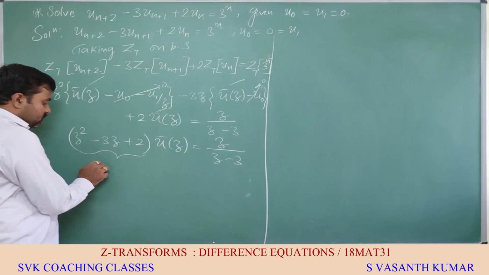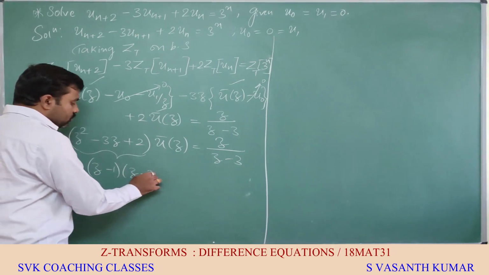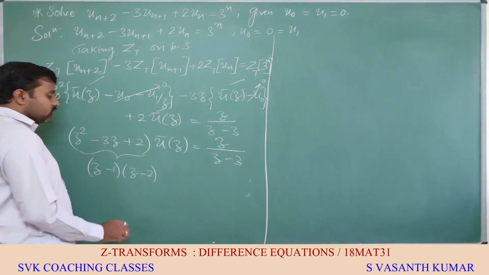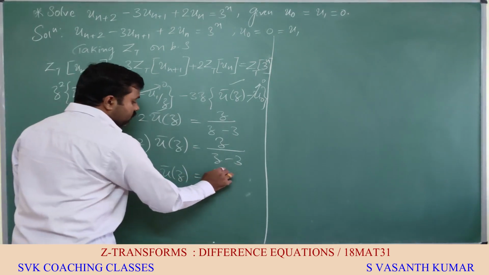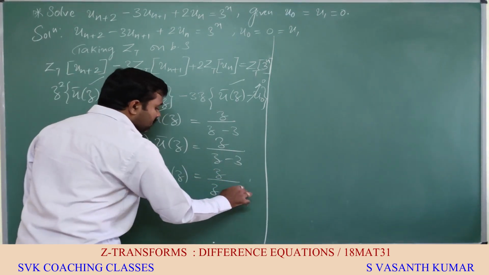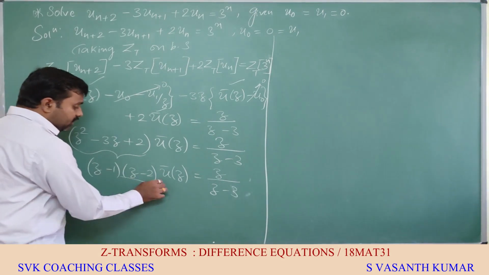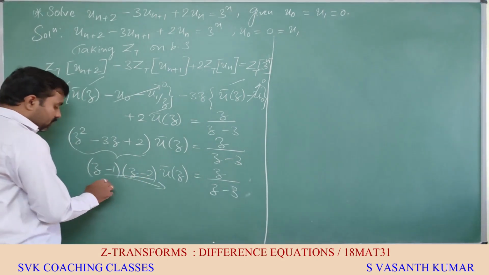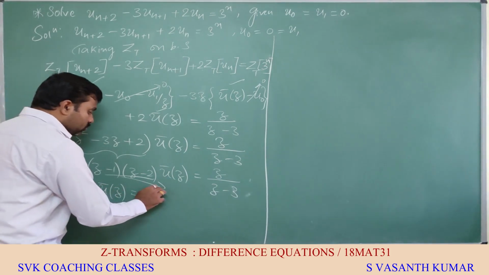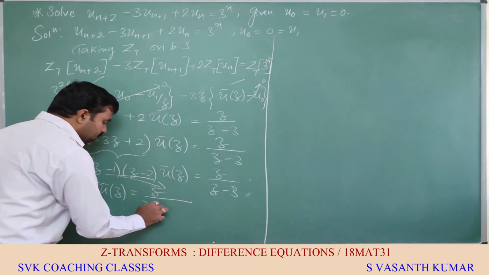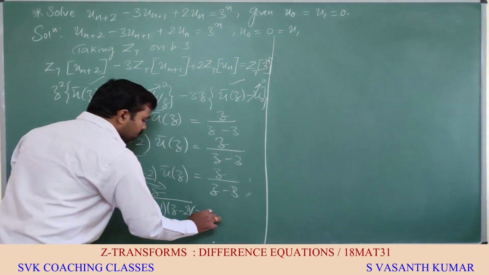The factors are z minus 1 and z minus 2. So z minus 1 into z minus 2 into u bar of z is equal to z by z minus 3. Now cross multiplying these two terms, you are going to get u bar of z equal to z by z minus 1 into z minus 2 into z minus 3.